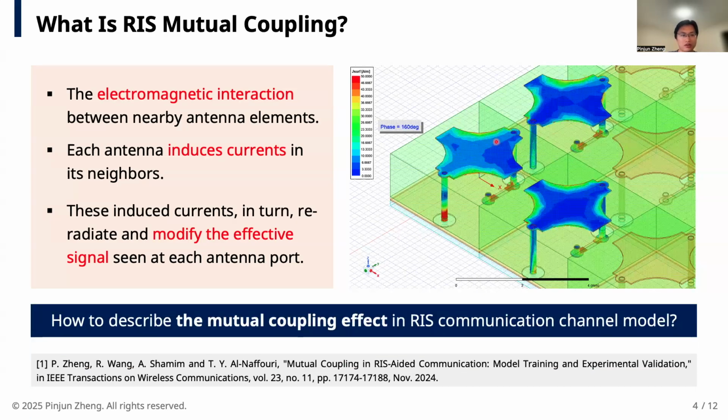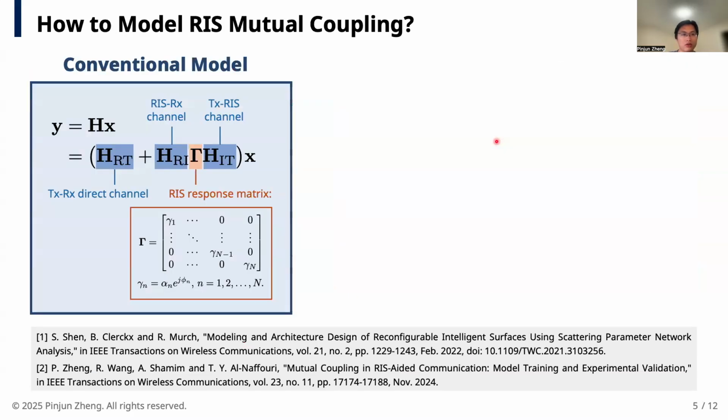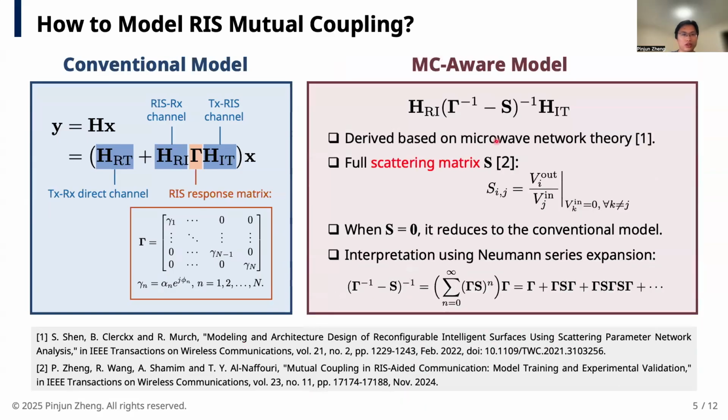Now the question is how to describe this mutual coupling effect in the RIS communication channel model. We already have a conventional model, but this model doesn't account for mutual coupling. To incorporate mutual coupling, we can use such a model. Here we only care about this RIS-related part, which means we can replace this part with this new model to account for the mutual coupling.